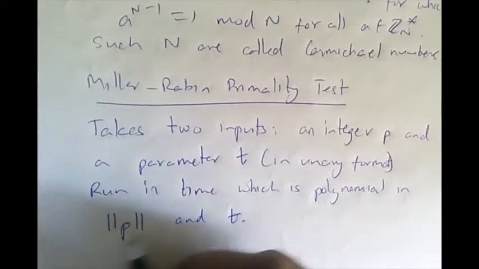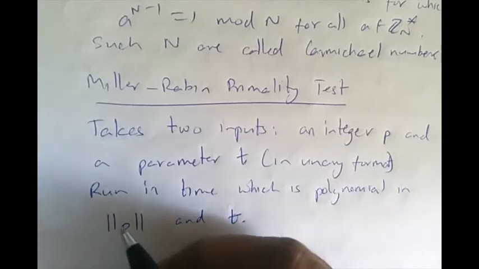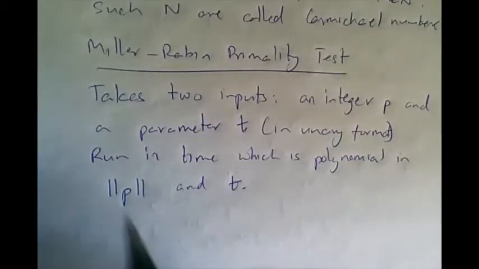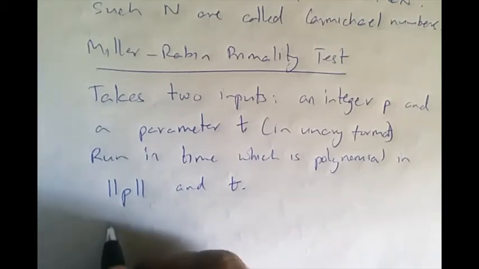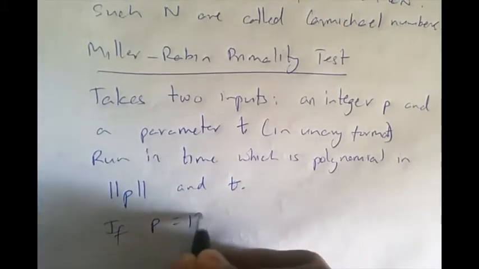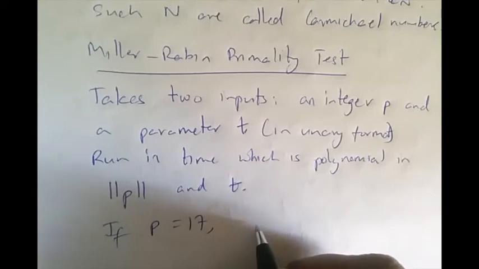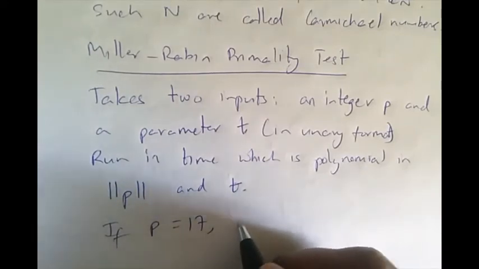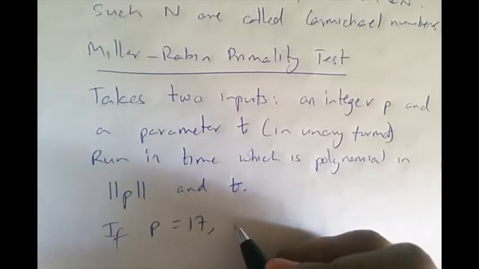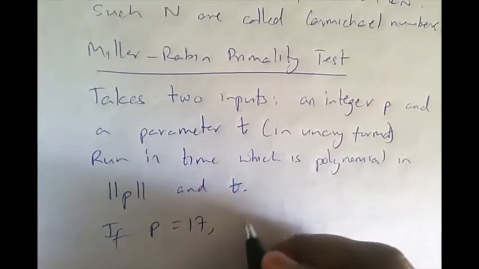The bit length is the number of bits used to represent p in binary form. So if p is 17, say, how many bits is that? I need 5 bits.